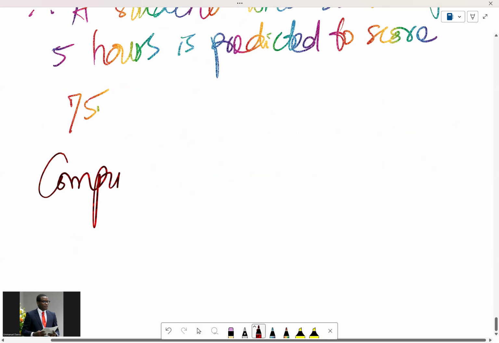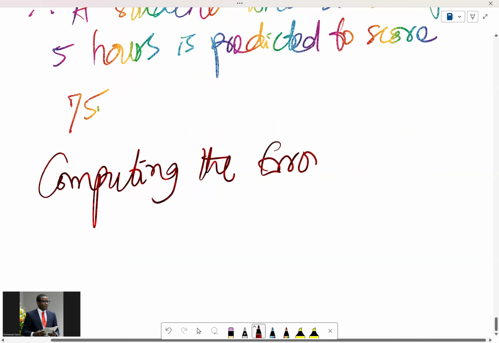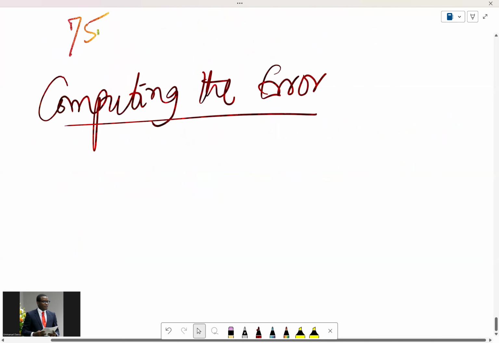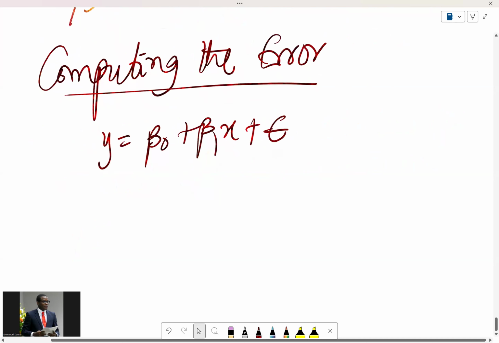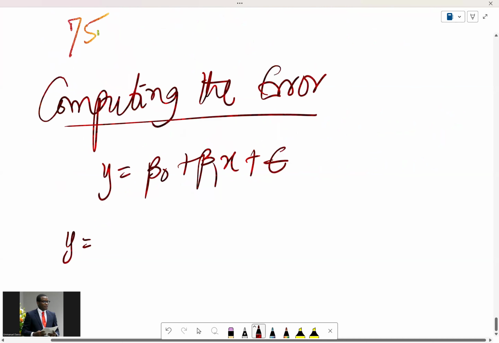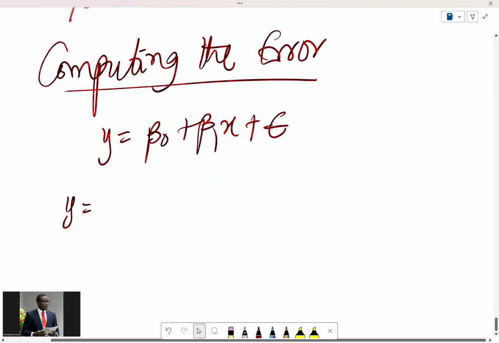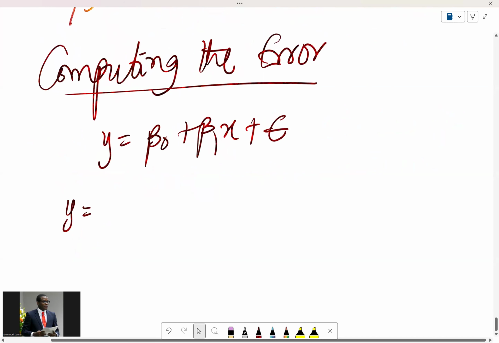Computing the error. So we know already that y is equal to beta naught plus beta 1 x plus error. And we know that now y, from what we did up there, normal y from the data is 75.